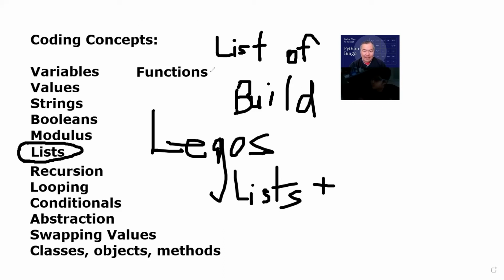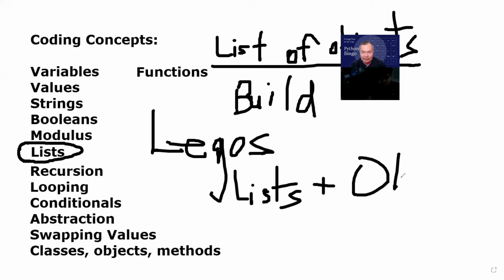We made a list of Excalibur and Taladay. But what are they in code? In code, they are the objects. So you made a list of objects. So we took the idea of lists and combined them with the idea of objects.